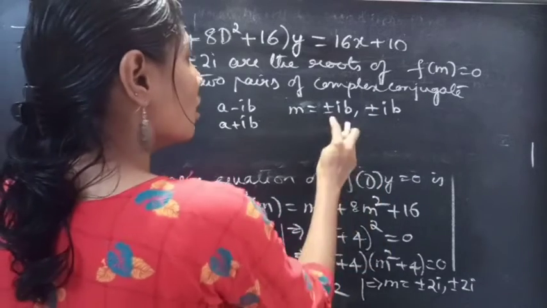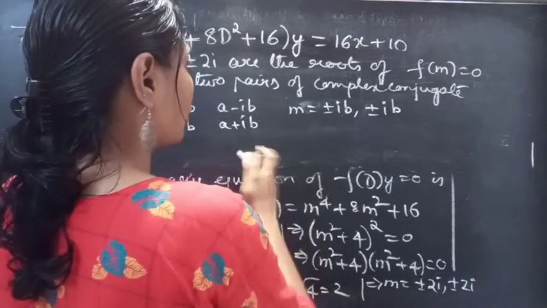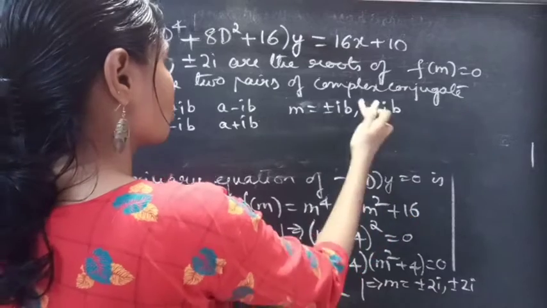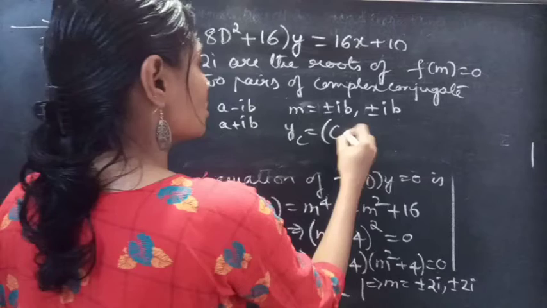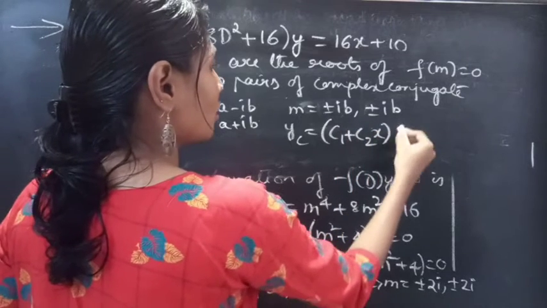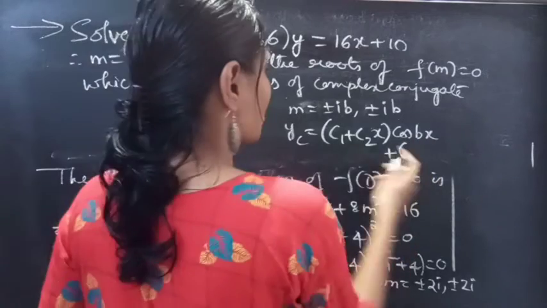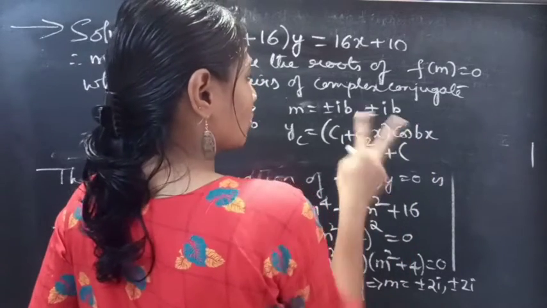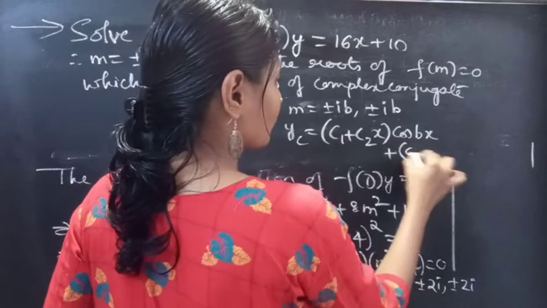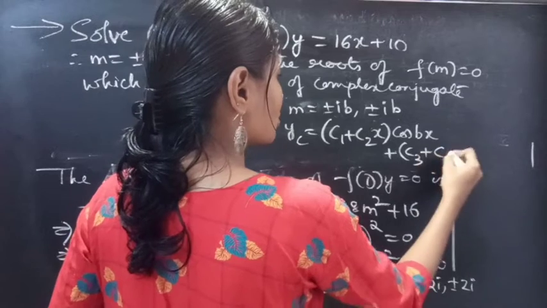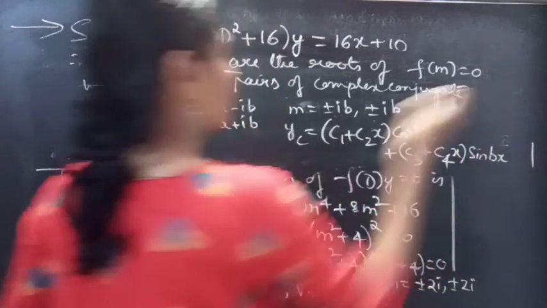So if you have two pairs of purely imaginary roots, or two pairs of complex conjugate roots whose real part is 0, then yc will look like c1 plus c2x into cos bx plus, taking the other two roots, since two are repeating, we have two repeated roots, so we'll get two constants under brackets. Take another two constants, c3 plus c4x into sine bx.